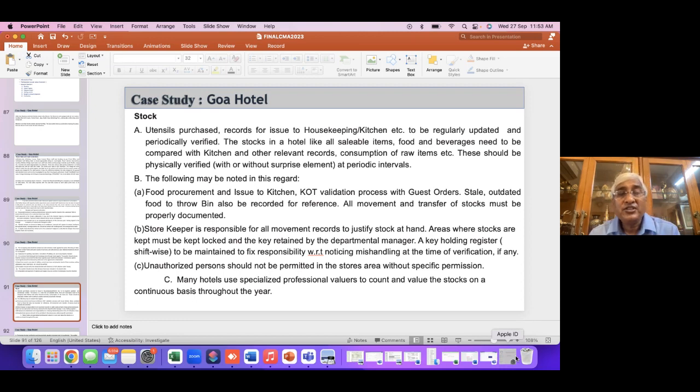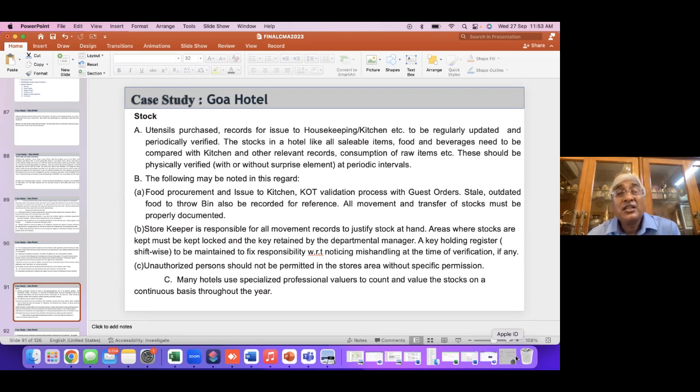Then stock of utensils purchased, housekeeping items, etc. There should be a stock register, and from time to time the physical availability and physical condition should be checked. Mostly the important point is physical condition, because in a 5-star hotel nothing is acceptable.